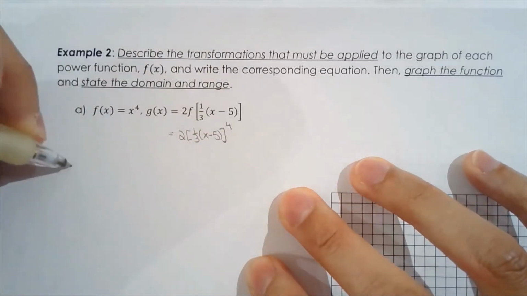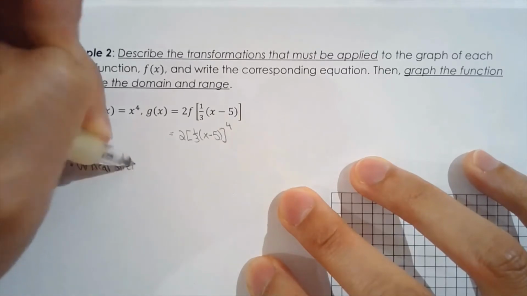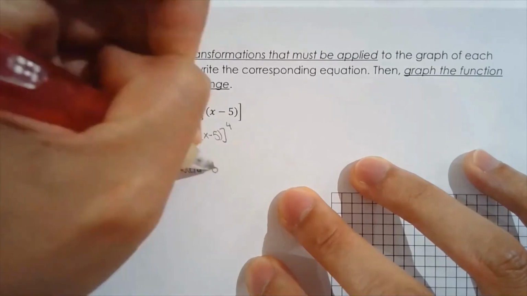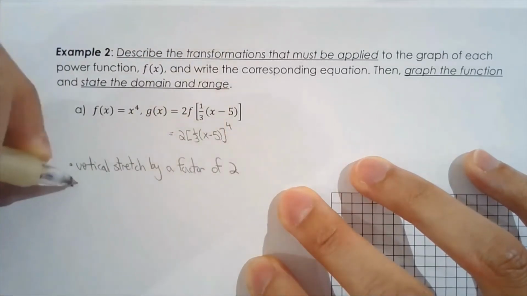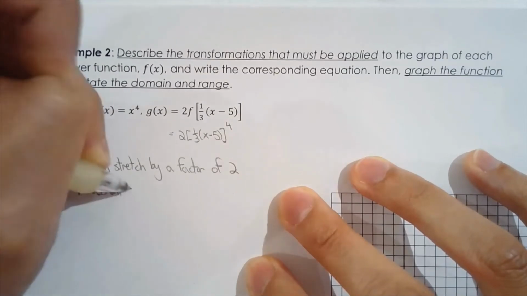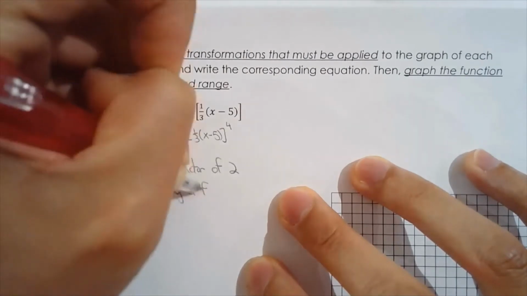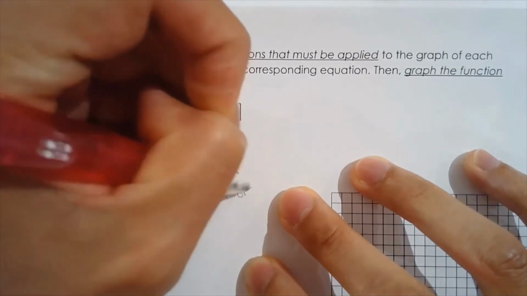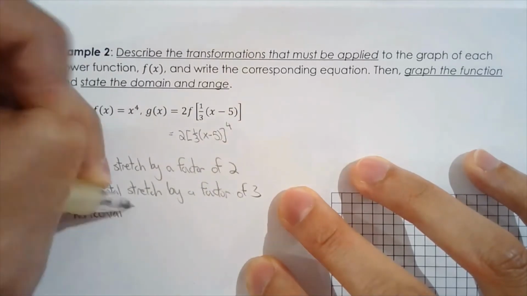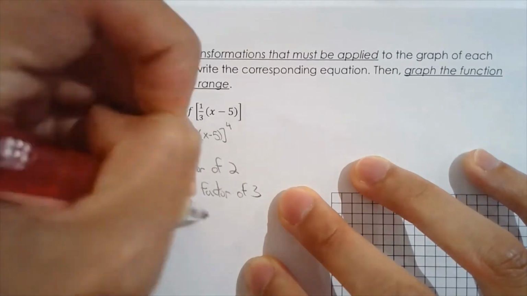So vertical stretch by a factor of 2, horizontal stretch by a factor of 3, horizontal translation 5 units right.